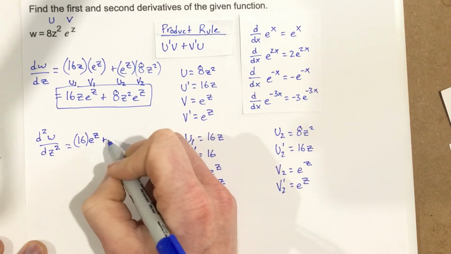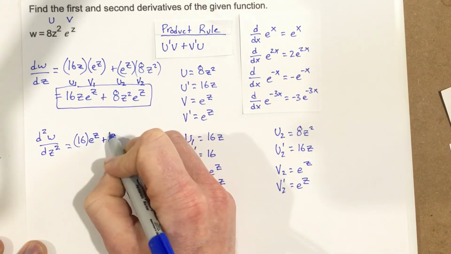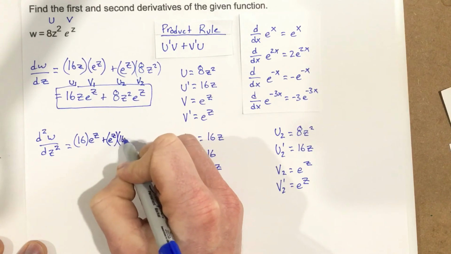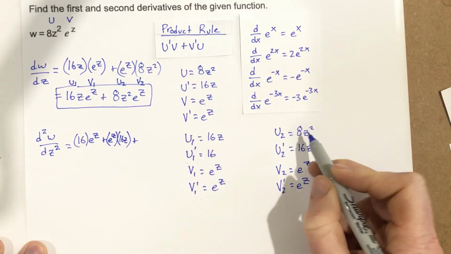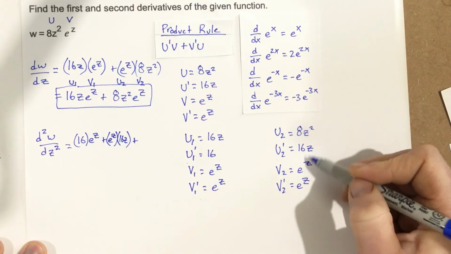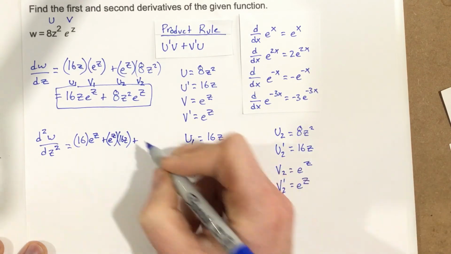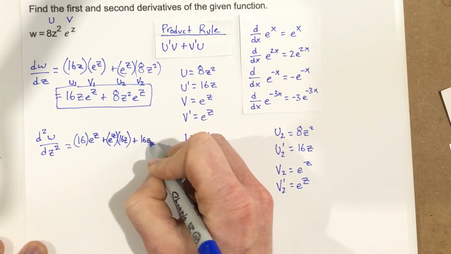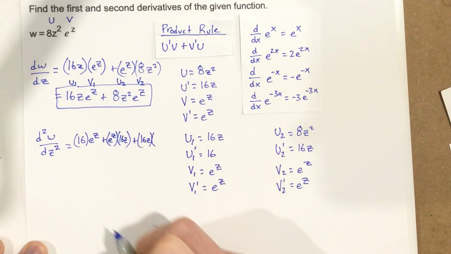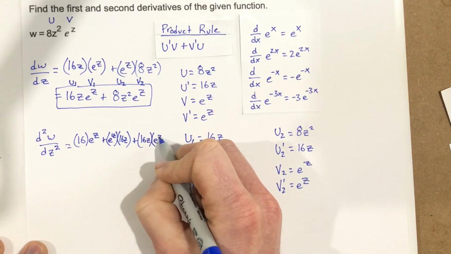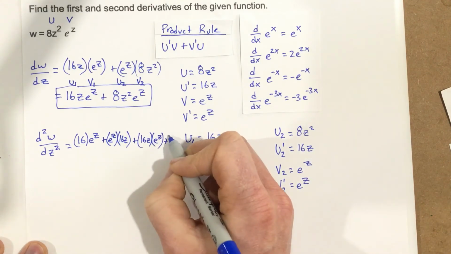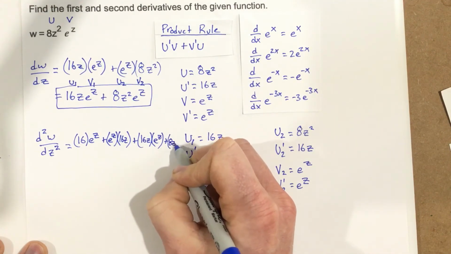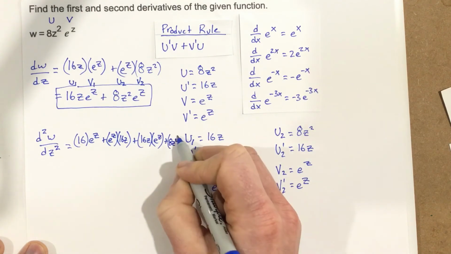So we have plus e to the z times 16z. And then we would have plus, let's go ahead and do the middle two times each other, because it doesn't really matter with the product rule, right? So it's u prime times v, so 16z times e to the z plus, and the outside two, which will be 8z squared times e to the z.